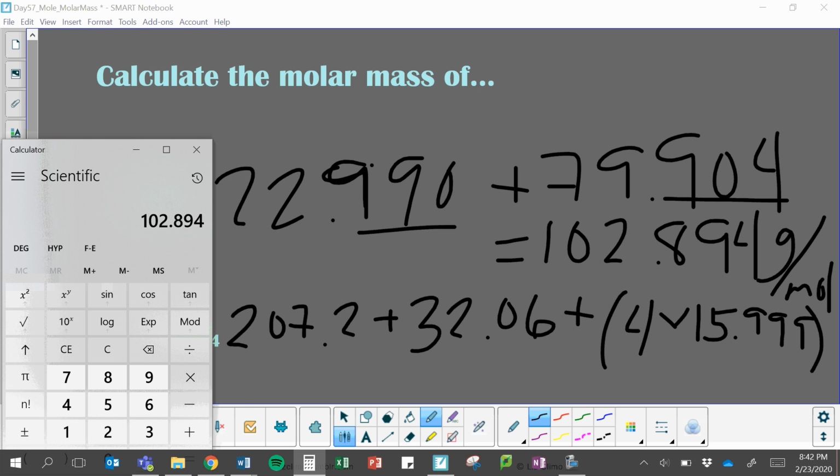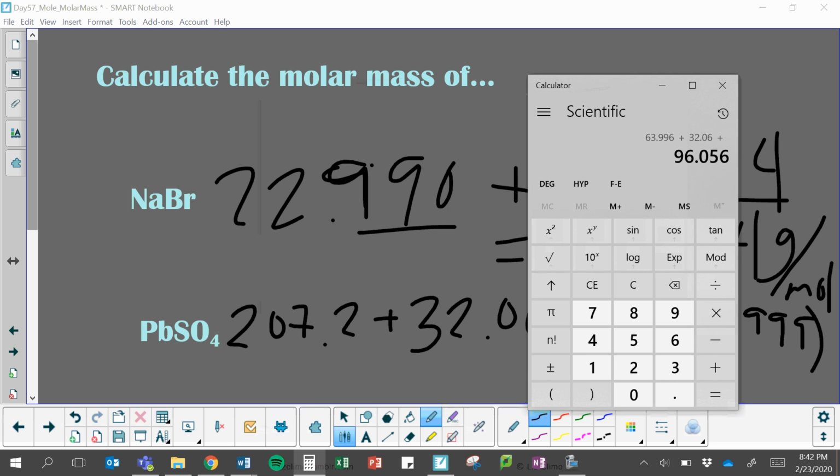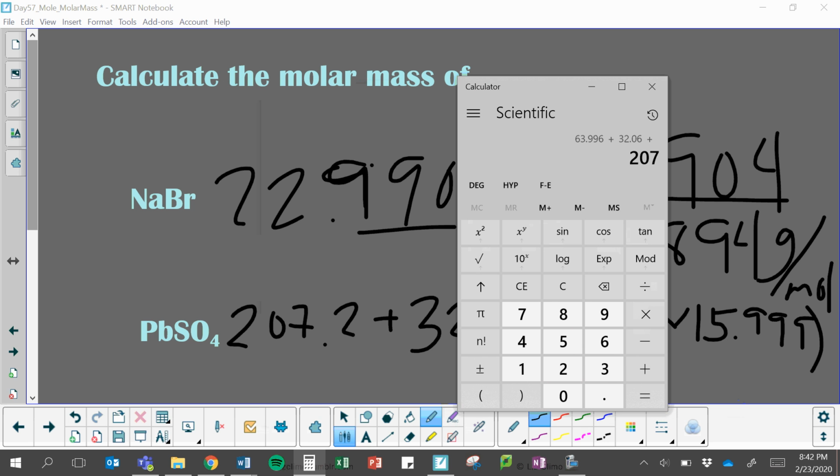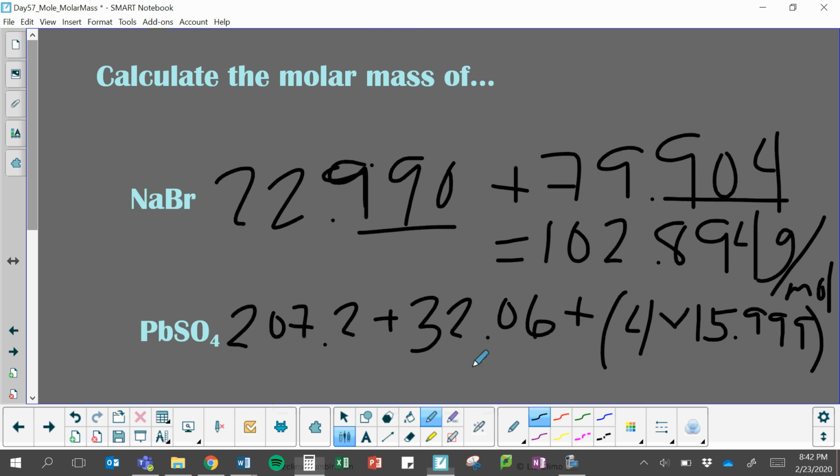So we can do 15.999 times our 4. We have to use that whole number when we're adding it. 32.06 plus 207.2, and we have 303.256.